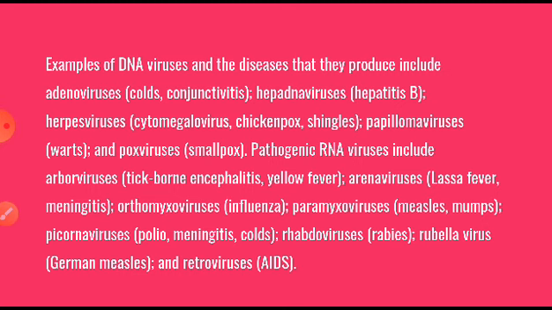Next are the RNA viruses. The RNA viruses include arboviruses, examples are tick-borne encephalitis and yellow fever. Arenaviruses, for example, Lassa fever and meningitis. You might have heard about Lassa fever. Orthomyxoviruses, for example, influenza.